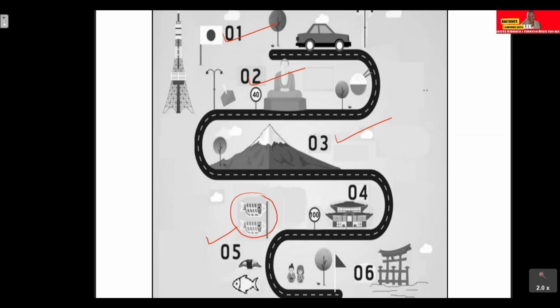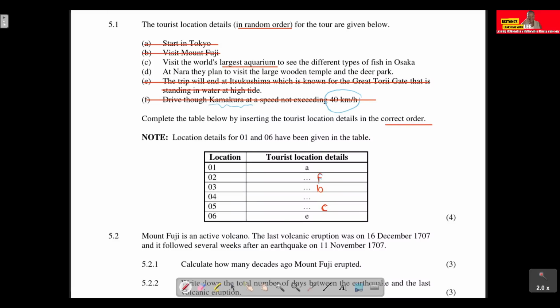And number 4 will be the last option given to us, which is at Nara, where they plan to visit the large wooden temple and the deer park. So that is the large wooden temple.